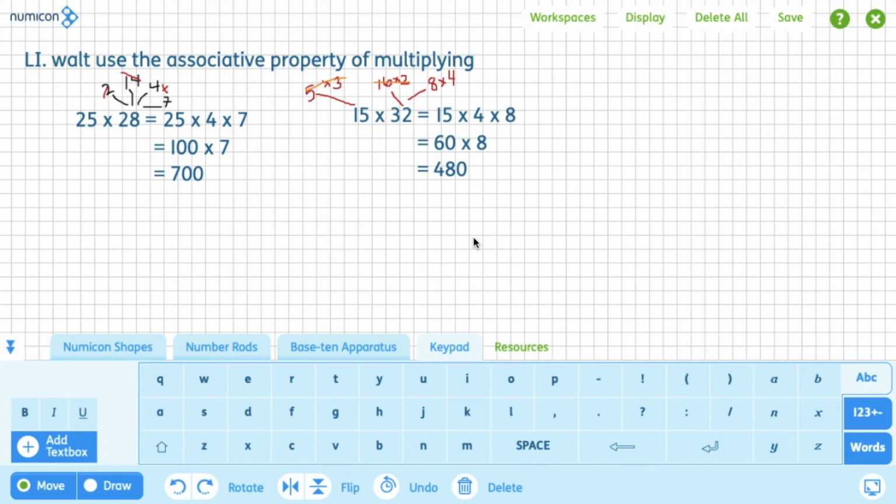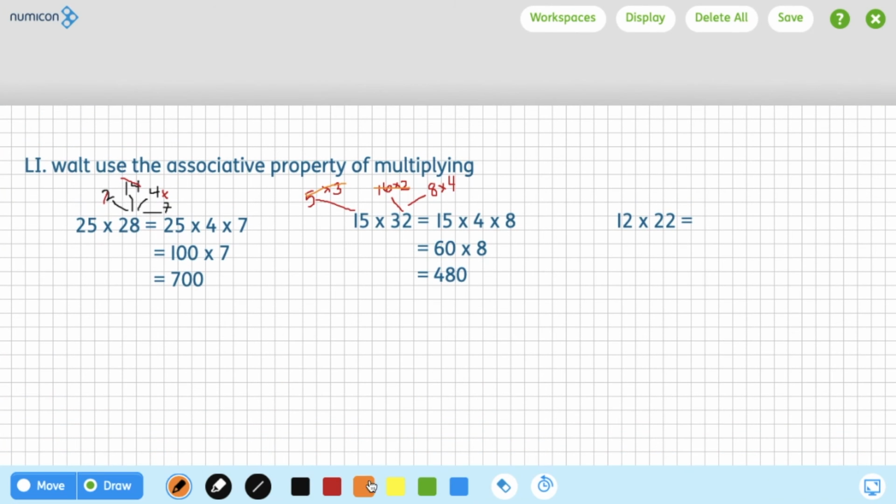And we'll do one last example. Let's try 12 times 22. All right, so 12 times 22. Now, 12's factors, again, we've got 3 times 4, 2 times 6.